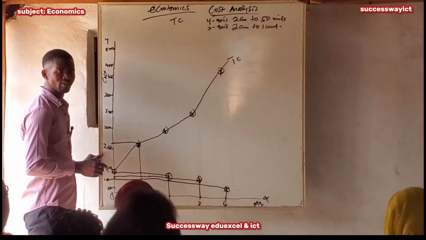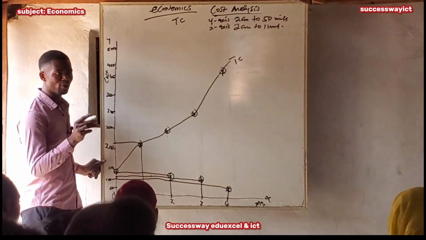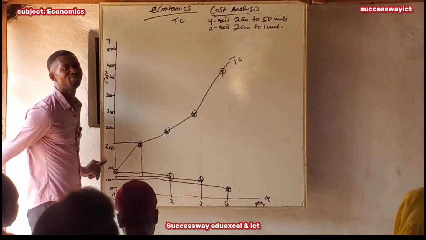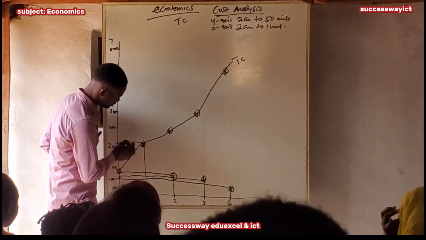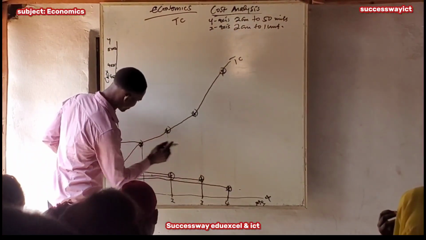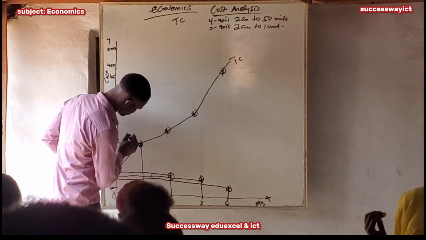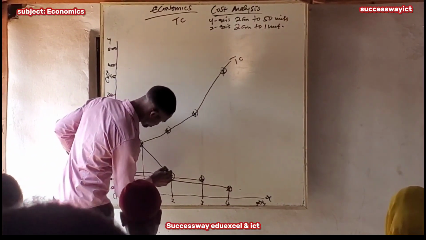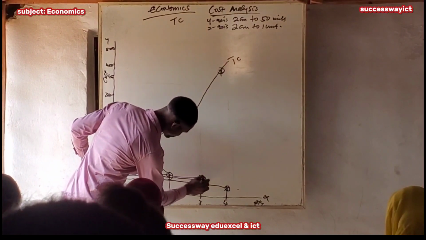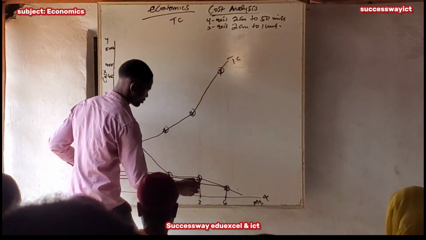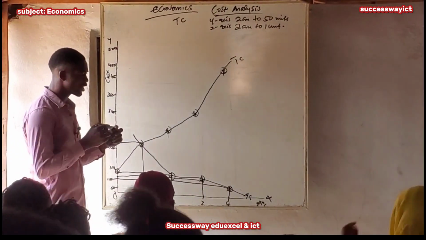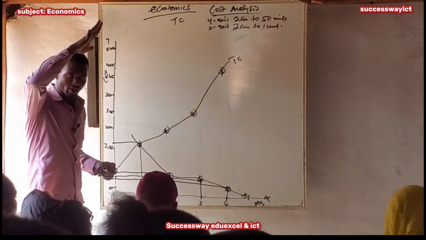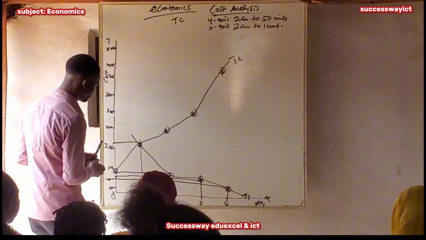So this time around, I saw some of your AC graph going up. AC graph is going down from here, here. Because as total cost increases, AC decreases.